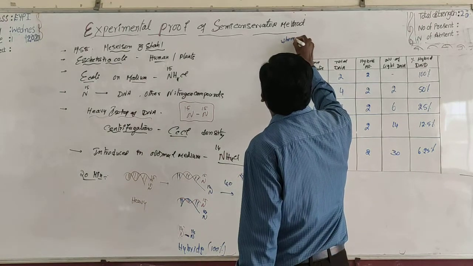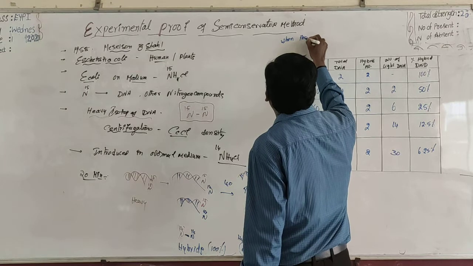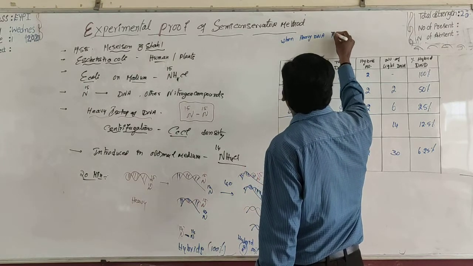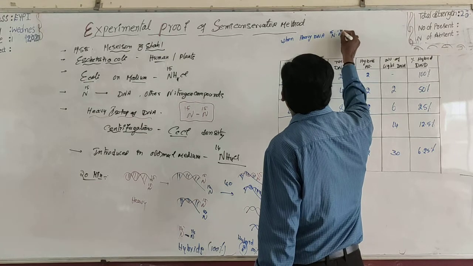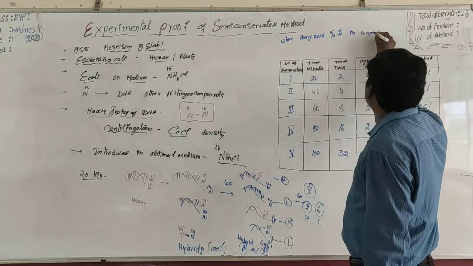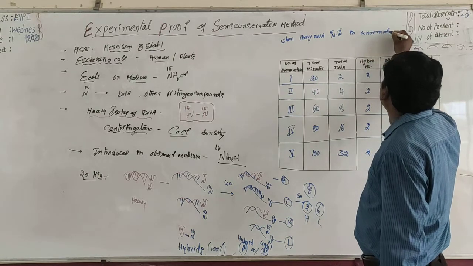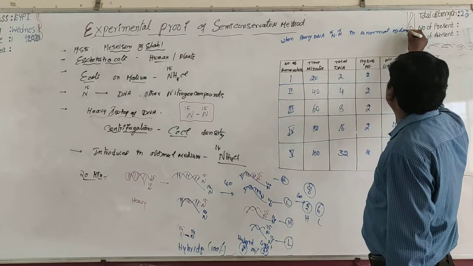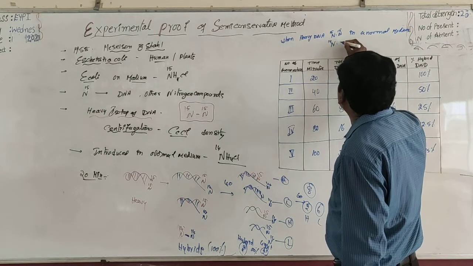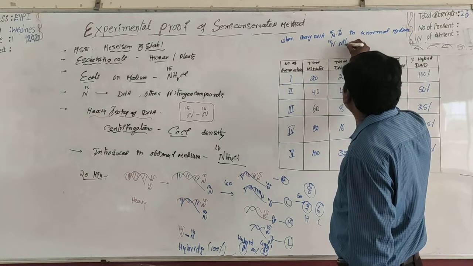This table is applicable when a heavy DNA having N15 is transferred into a normal medium having N14 nitrogen.